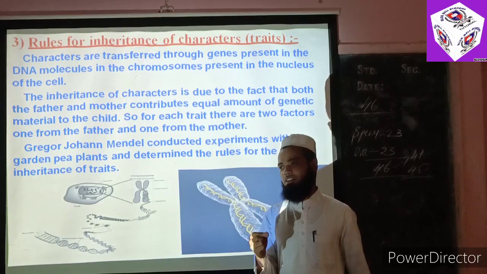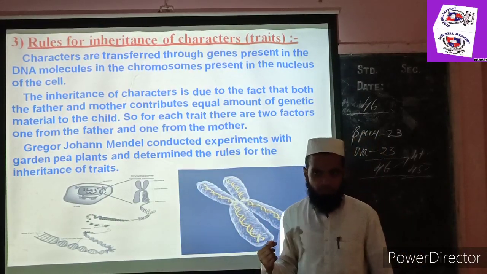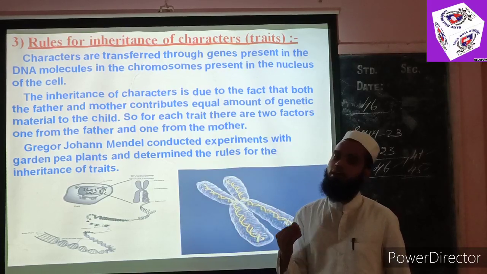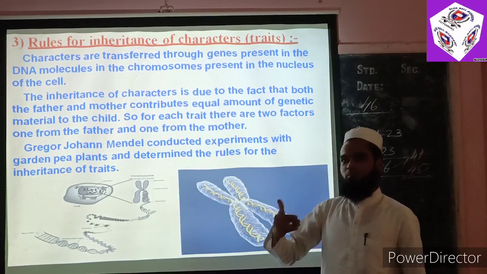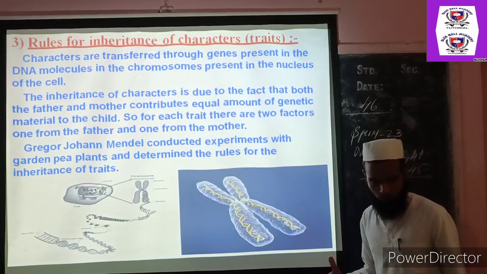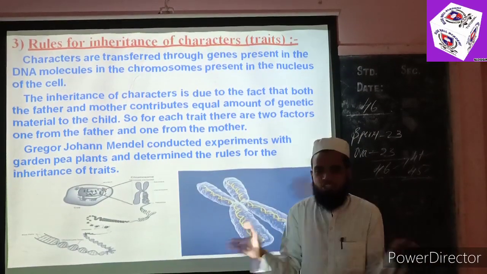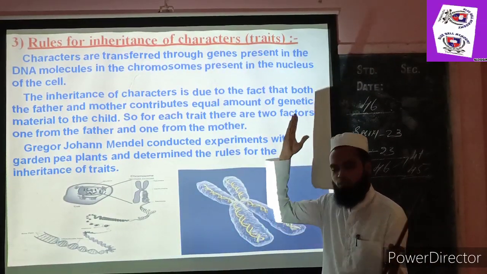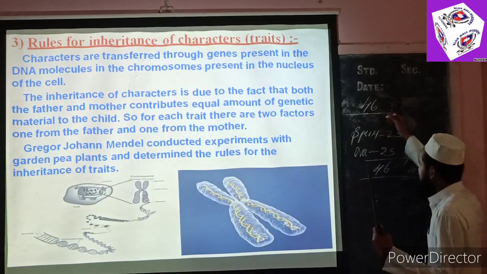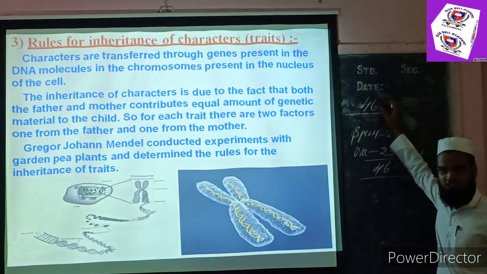Mitosis cell division is helpful for the growth of the organism, whereas meiosis cell division is helpful for reproduction. In mitosis, there is always a formation of an equal number of chromosomes, whereas meiosis is a reductional division in which the chromosome number is halved. So that is why, as I explained here, the total number of chromosomes in the human being is 46.